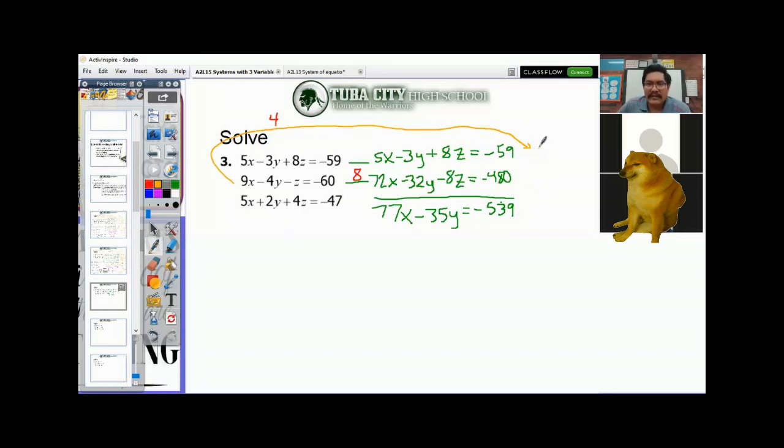So now I got to multiply everything by 4. Okay, 4 times 9 is 36x minus 16y minus 4z. Make sure I didn't change anything. Okay, 4 times 6. I think it's going to be 240.